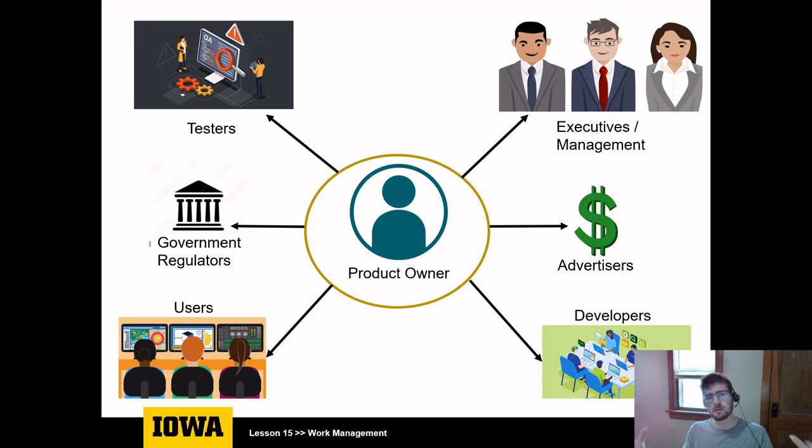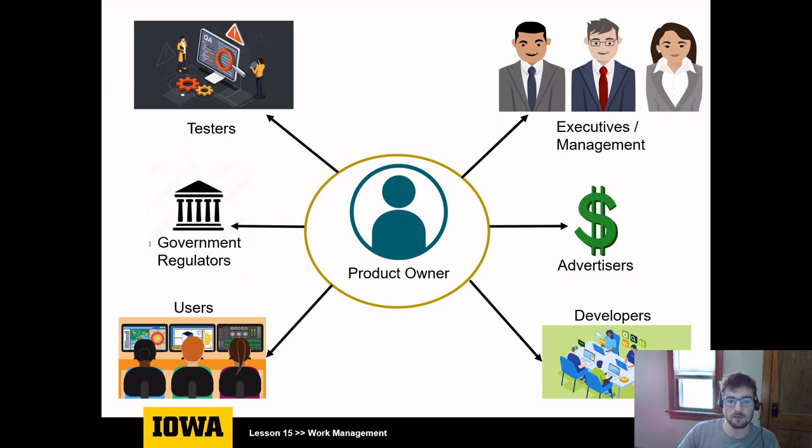And so all these people that have a vested interest in a product are generically called stakeholders. Okay, so here are some different stakeholders for YouTube.com, for example. Of course, the users are important, right? If people aren't using the software, then you don't have much of a product in the first place.